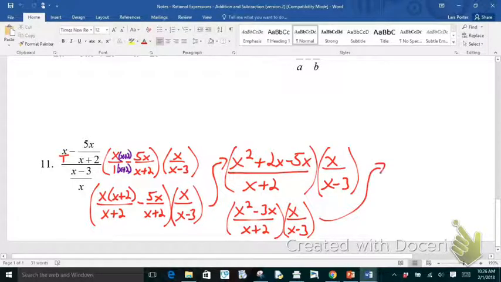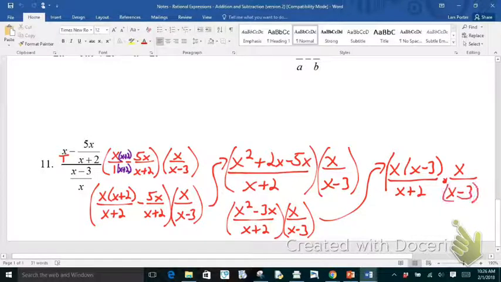So x squared minus 3x, they have an x in common. Let's turn around and take it back out. So that is going to be x times x minus 3 over x plus 2. And we're just multiplying now, so let's go ahead and multiply this times x over x minus 3.